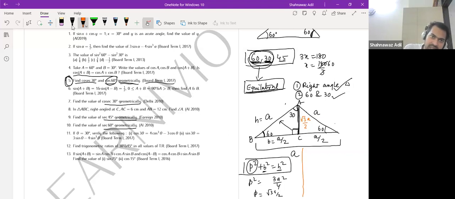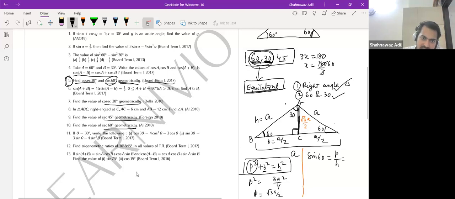Let's say I want to calculate sine of 60. I am choosing this angle, so this is perpendicular by hypotenuse. What is my perpendicular for sine of 60? This is my perpendicular, root 3a by 2.